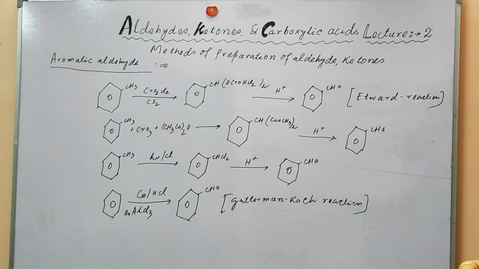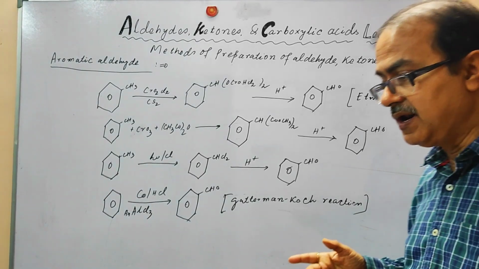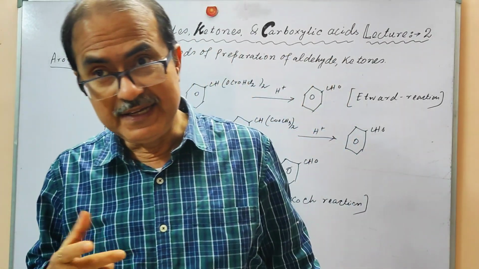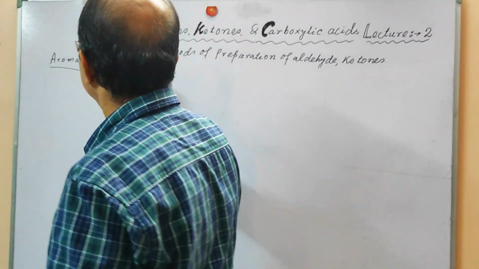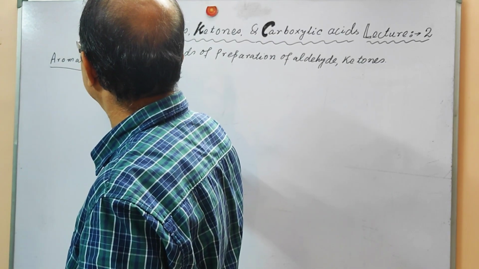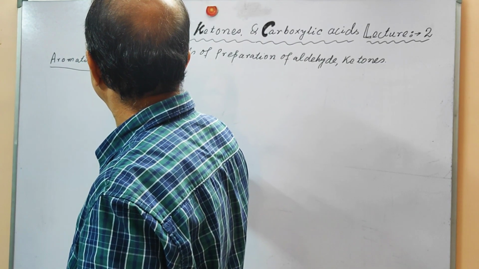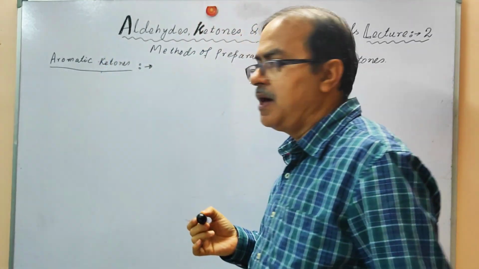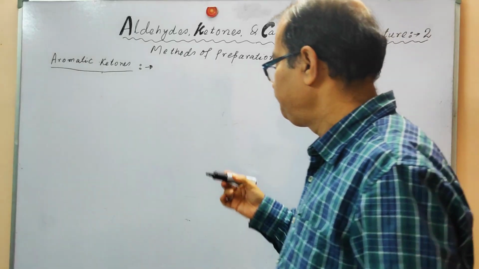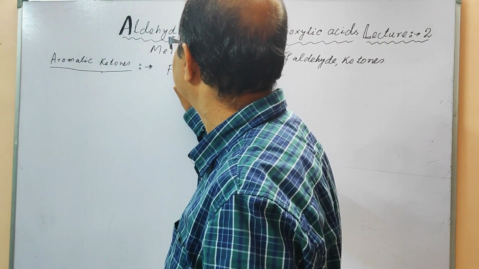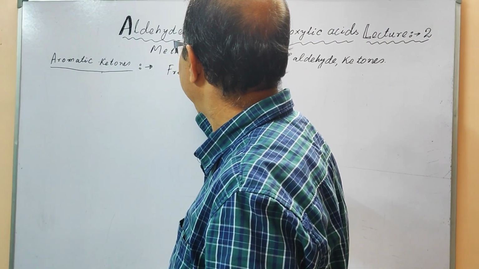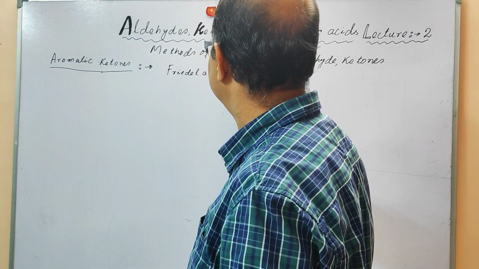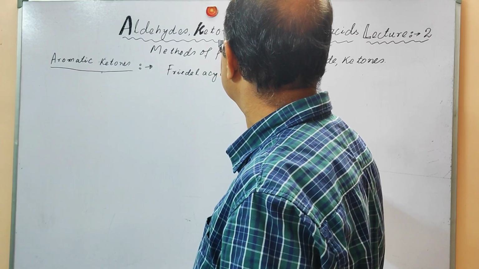So this is the aromatic aldehyde, and now we are going to discuss how you can prepare the aromatic ketones. Aromatic ketones can be produced from the Friedel-Crafts acylation reaction.